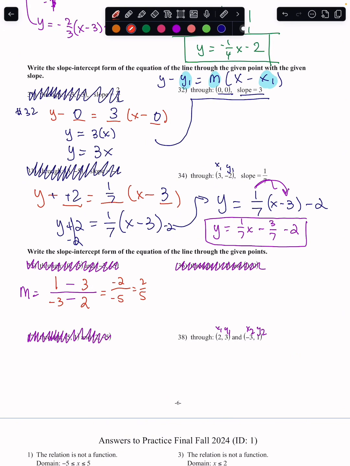I'm going to pick the negative 3 and 1 point because that just seems good, right? So negative 3 is going to go in my x2 spot. So my negative 3 is going to go here where my x is. And my y2 spot is going to go over here with the 1 because I chose this point to use. And then my slope is 2/5.